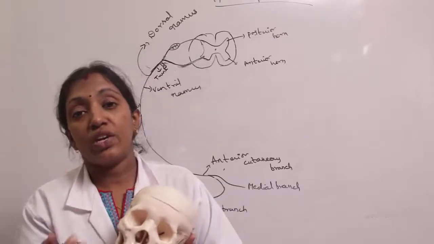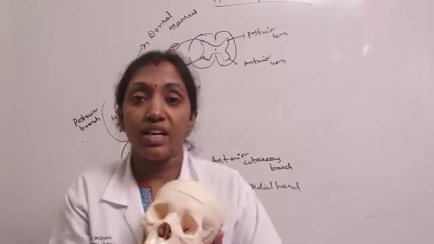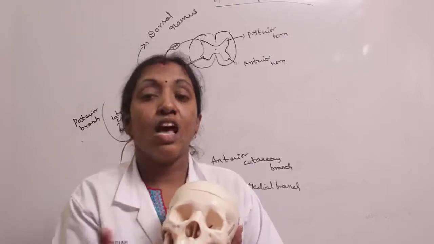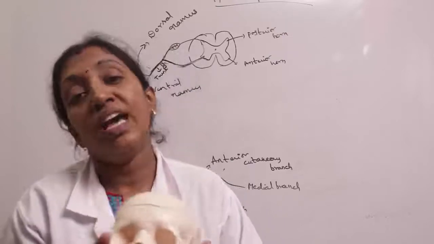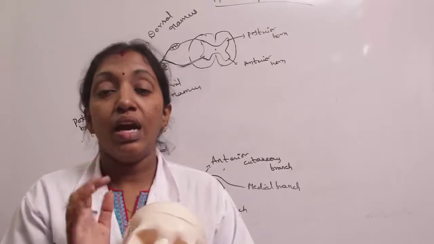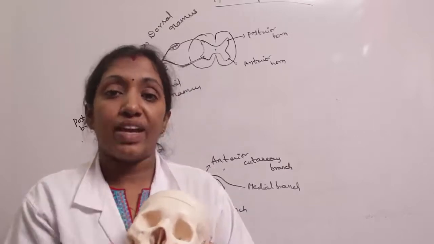So any infection in the potential space in the fourth layer immediately reaches the intracranial dural venous sinuses. So the fourth layer of scalp is called the dangerous area of scalp, because of its potential space and the emissary veins present in it.